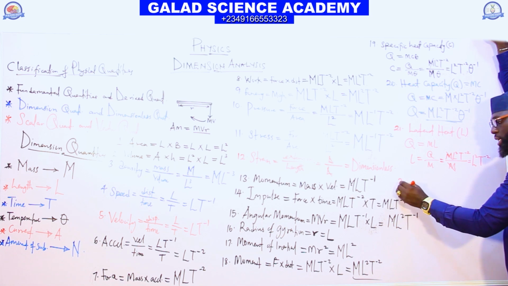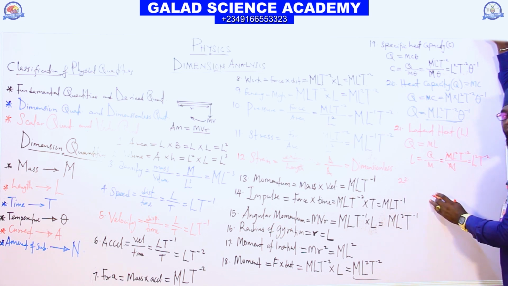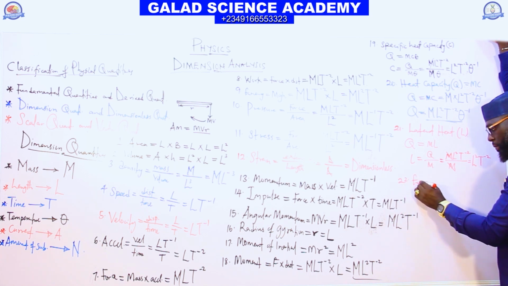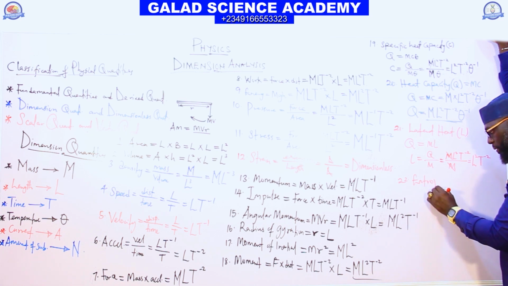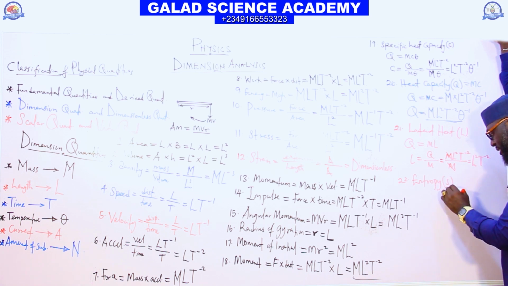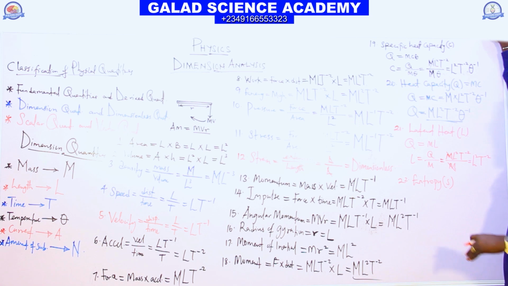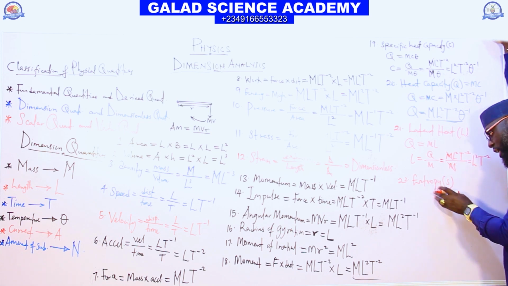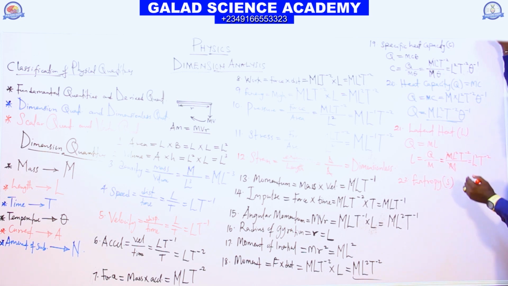Number 22: dimension for entropy. What is entropy? Entropy is the degree of disorderliness of a system.